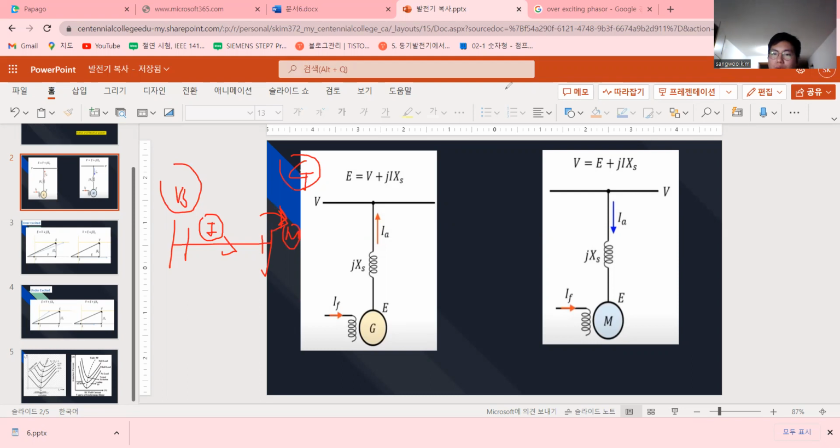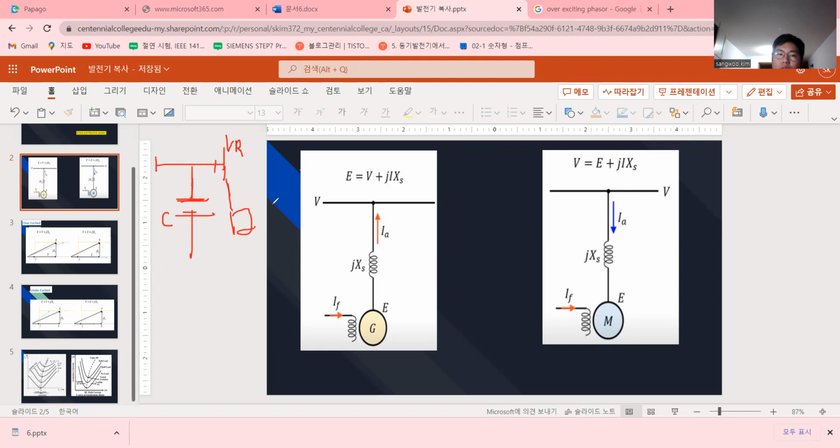Lastly, I want to emphasize this one. If we add a capacitor bank to the power system line, and for example there is a motor here, then when the current comes to the capacitor bank, we say C is spending the leading current, right?